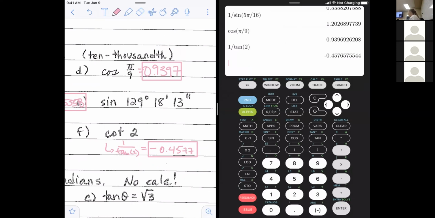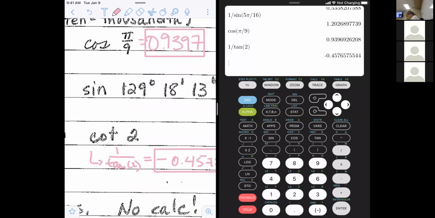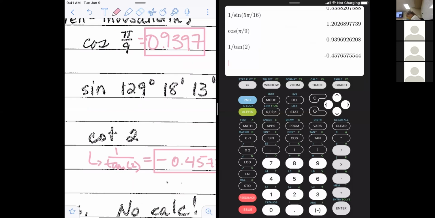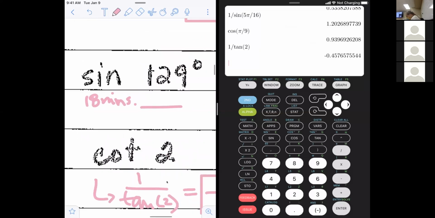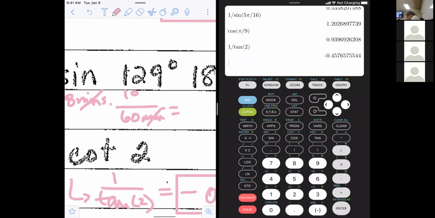The next one, we have to do our minutes and our seconds into a degree before we can do anything else. So I will have to change my mode in a second, so I'm going to keep that in the back of my head. But I'm going to make my 18 minutes into degrees. So I do 18 minutes times what? 1 over 60. And that's going to be 0.3.